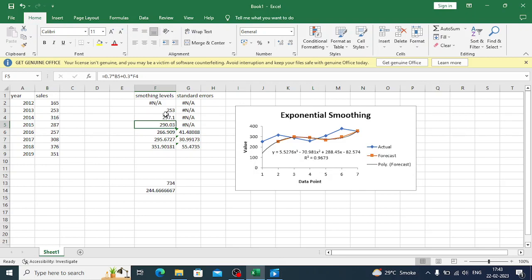Okay, that's why while smoothing, the first value and the last value cannot be calculated. Now just consider here, this value is SQRT, which is the square root of the sum of squares of B4 to B6 minus F3 to F5.